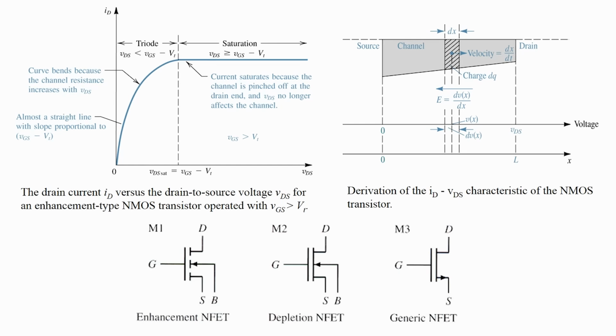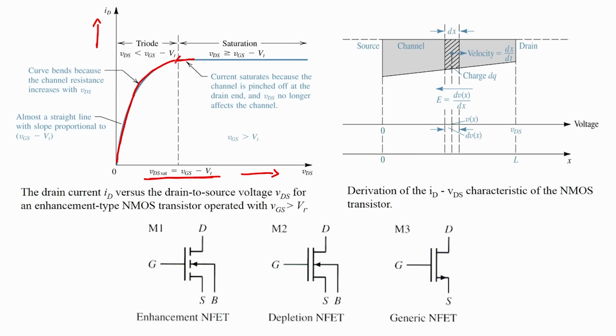If I see the characteristics, just to help you out once again, VDS saturation is VGS minus Vt. Let us understand this plot. ID is almost a straight line, and then the curve bends as the channel resistance increases with VDS.